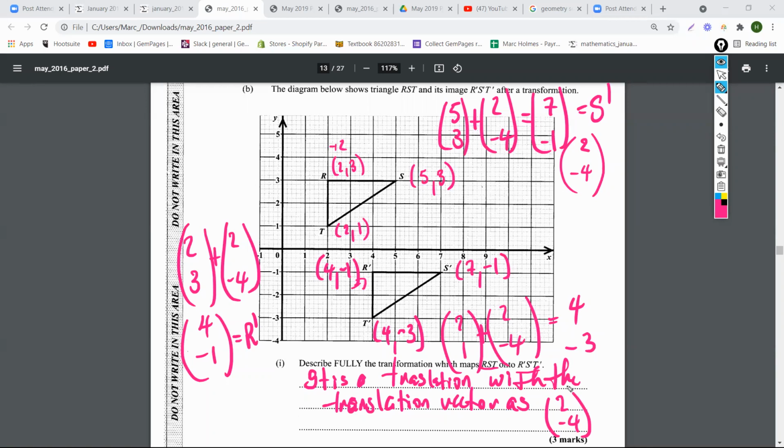Cool. I think that's pretty much it. That's the answer for that one, guys. So it's a translation with the translation vector T as 2 minus 4. Cool. That's how we work out this one.